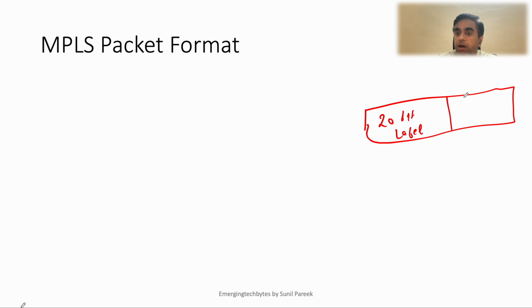Then I have something called a 3-bit field, which was initially called EXP, and then later on it was converted to traffic class. This is used for QoS. I have 1 bit reserved for bottom of stack.